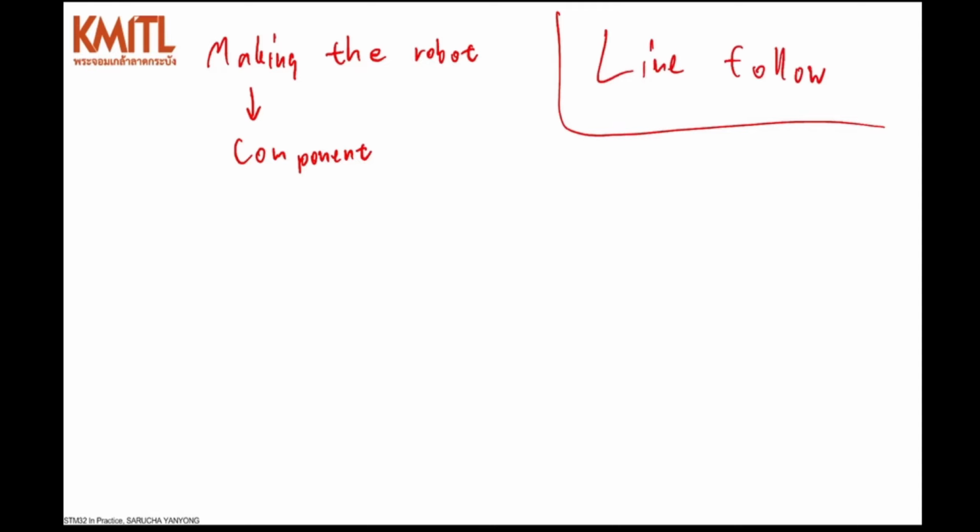The first component is the sensor. For sure, if we have more sensors, it should be more accurate, right? But the equipment that we have is around 8 infrared sensors, an 8 infrared array sensor. The second one is the processor.